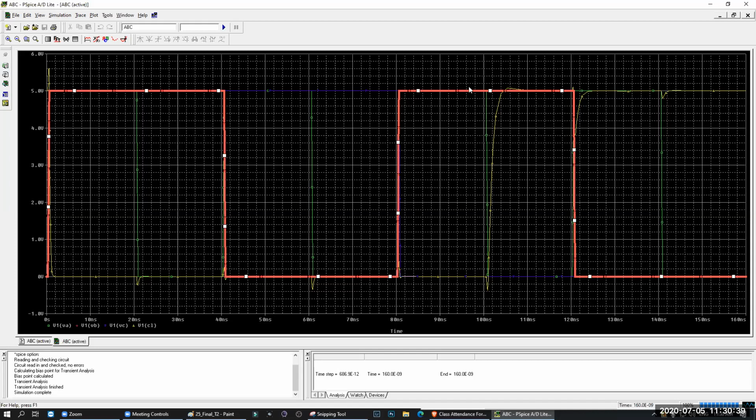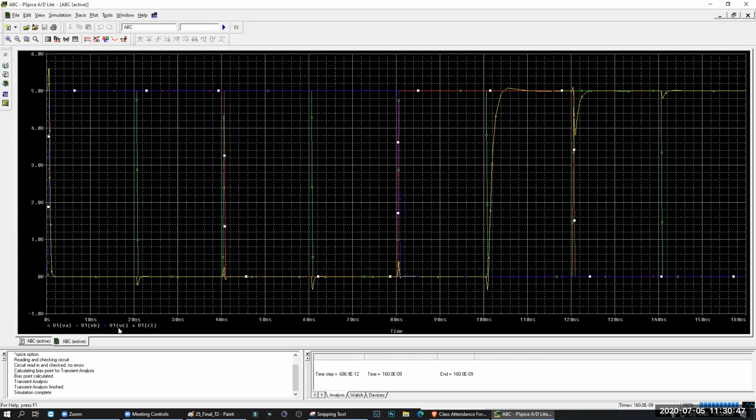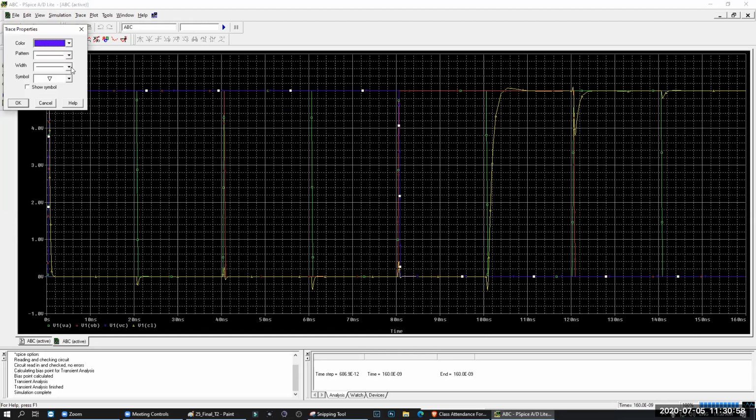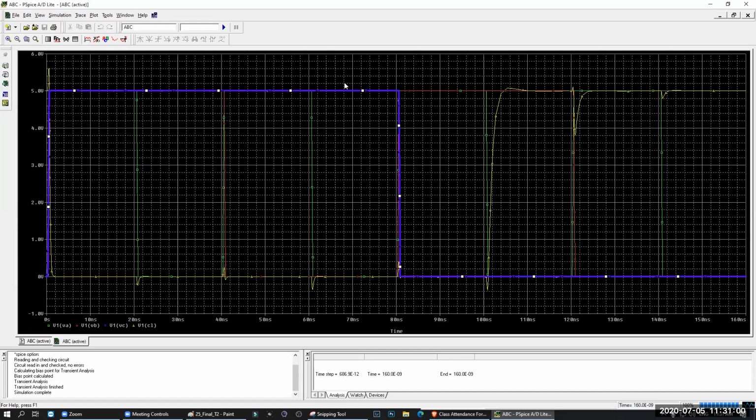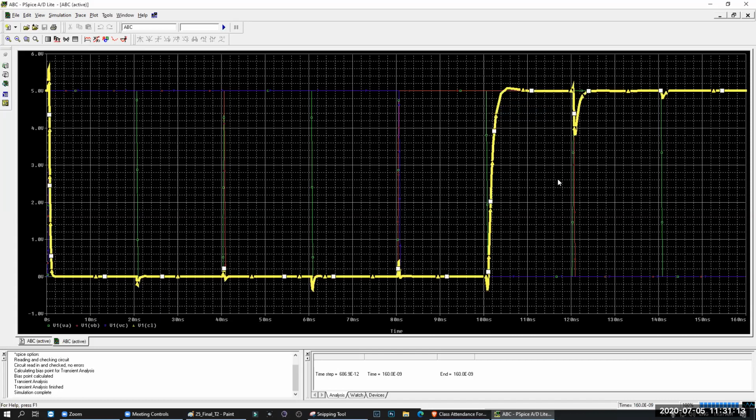See, it is the double. Which one is the C? C is the purple one. This one. Okay? 4 times. Now I want to see the output. Output is the yellow one, this one. Understand? So here, let me show you, is it all right or not?